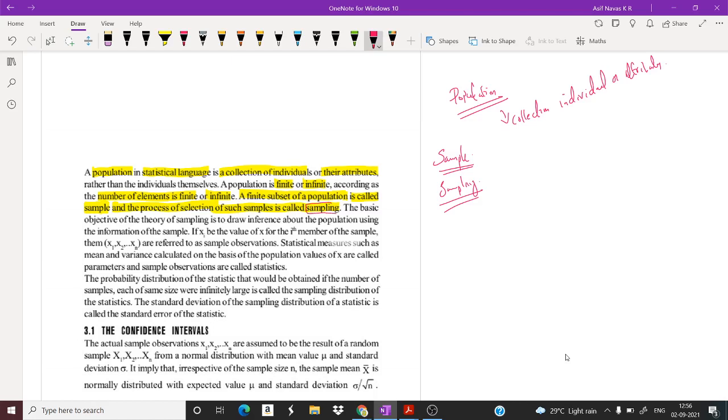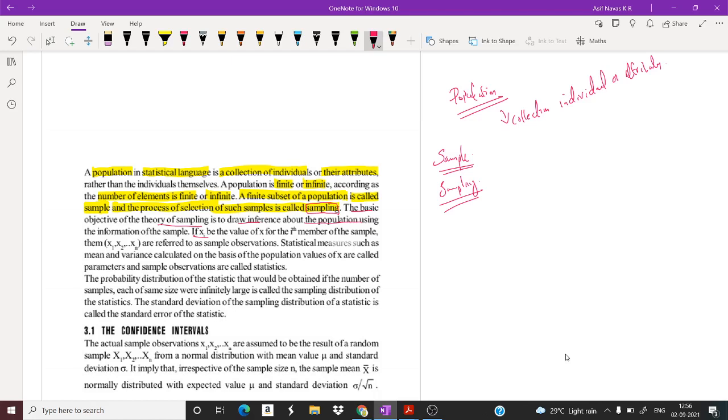So sampling means the process of selection of such samples. Okay, so the basic objective of theory of sampling is to draw inference about the population, using a few samples.